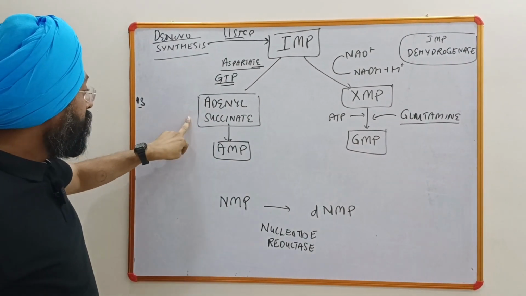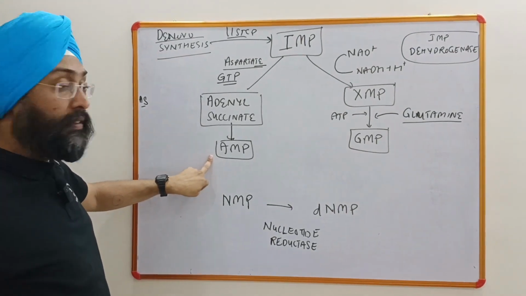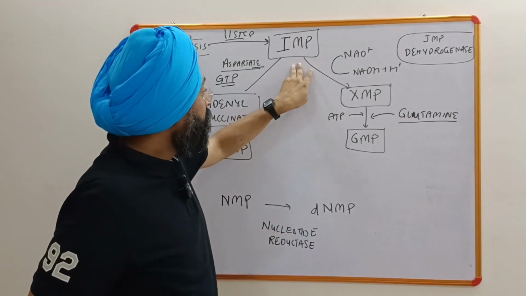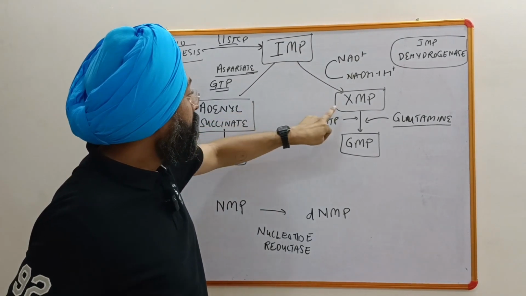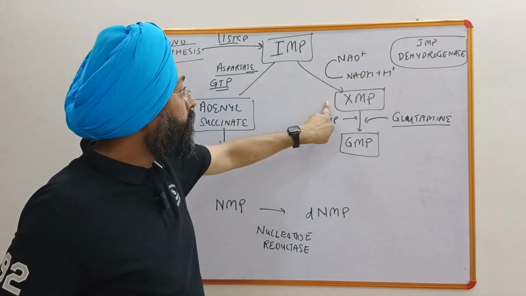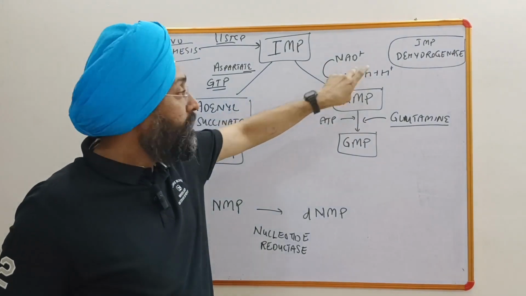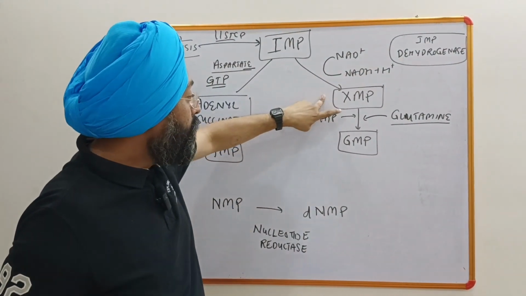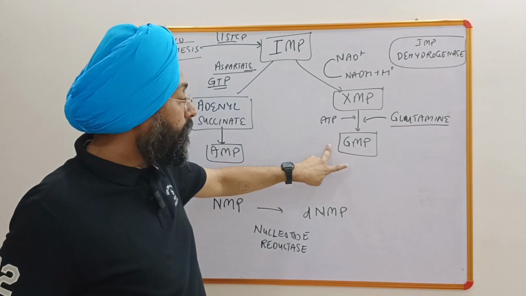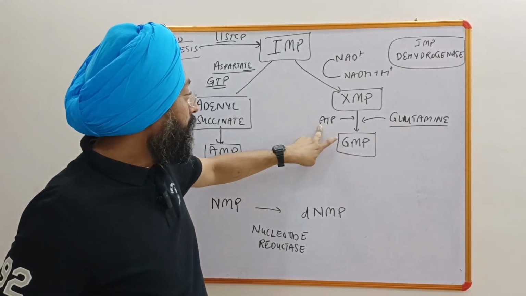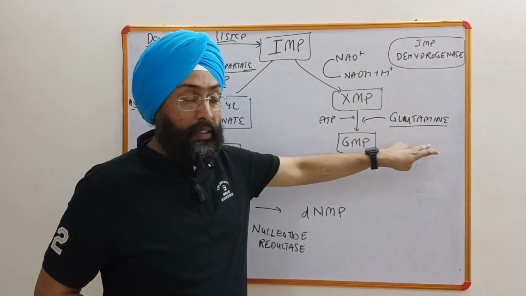From adenylosuccinate we will finally get AMP, right? And in this reaction IMP is converted to xanthosine monophosphate by IMP dehydrogenase, and this reaction requires NAD, and xanthosine monophosphate is further converted to guanosine monophosphate by ATP and glutamine, right?